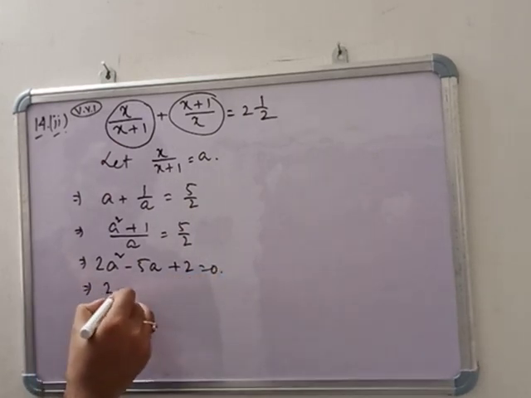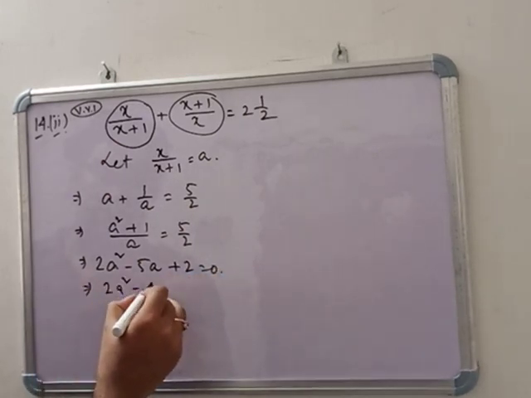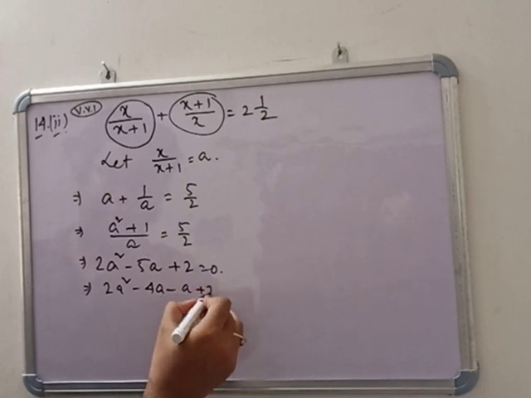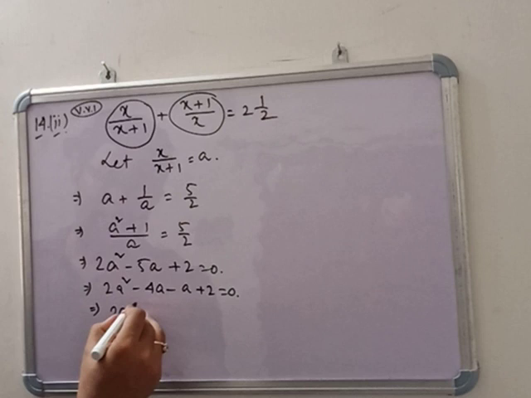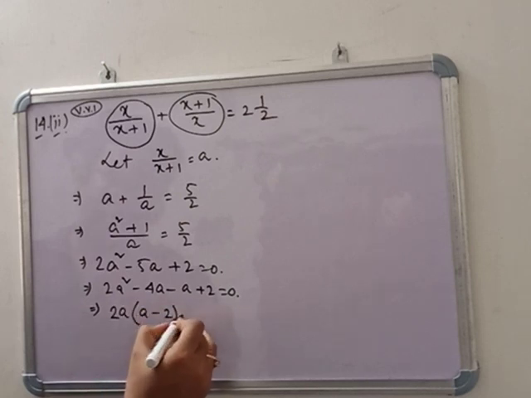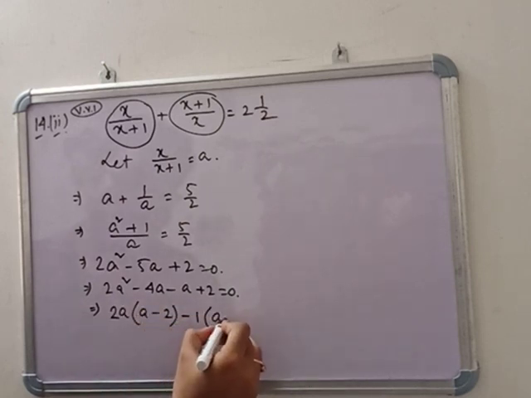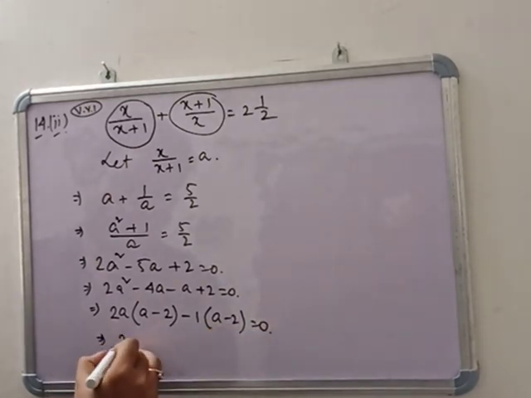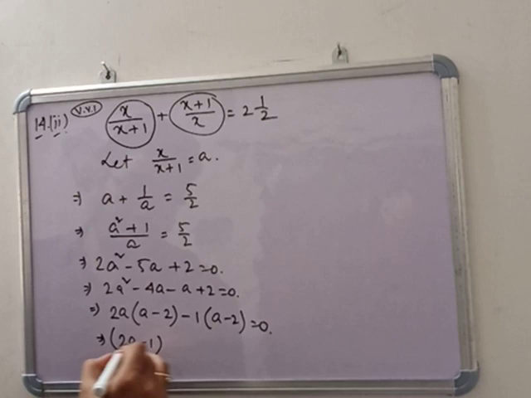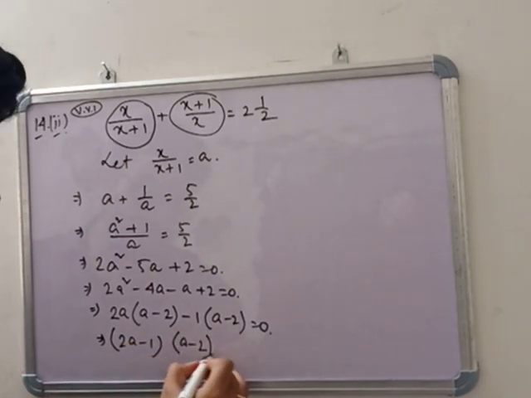That means 2a square minus 4a minus a plus 2 equals to 0. So that means 2a common, a minus 2, minus 1 common, a minus 2 equals to 0. That means 2a minus 1 and a minus 2 equals to 0.